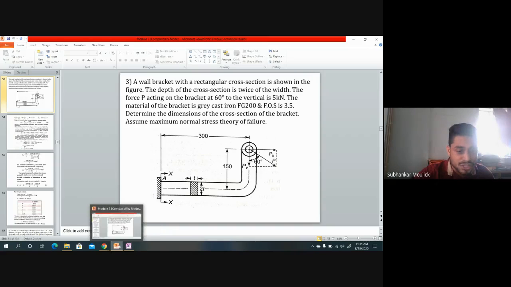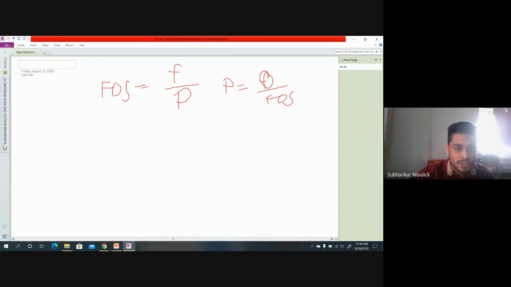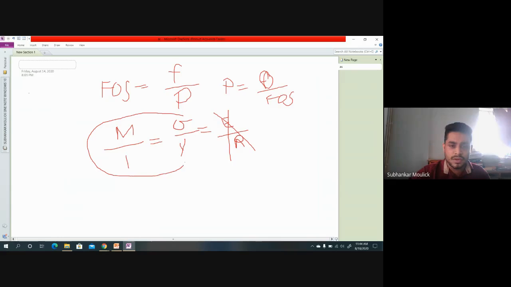I know the bending equation, and that bending equation is M by I equal to sigma by y, which is equal to E by R. Since in the problem nothing has been told about the value of E and R, I will exclude this third one and take these two as a combination.